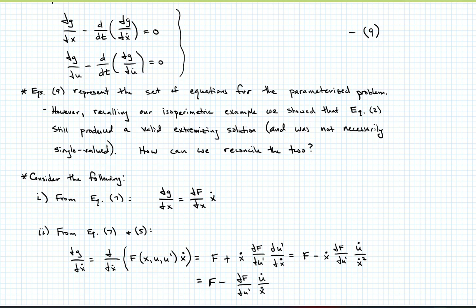We know what u dot over x dot equals, that's u prime. So this finally comes out to be f minus the partial of f with respect to u prime times u prime. Let's go back here and label these. This is equation 10, and this is equation 11.